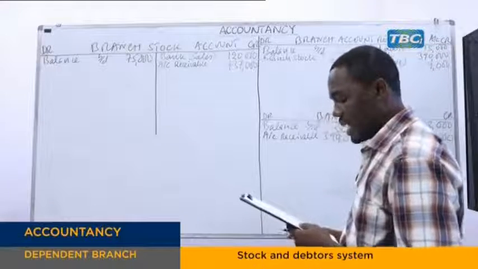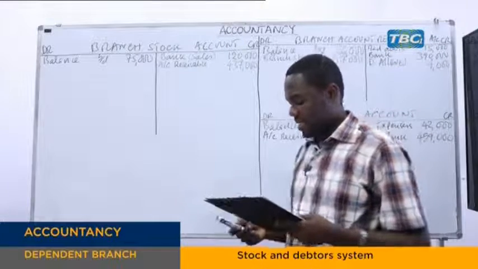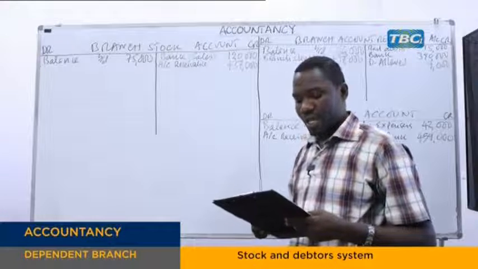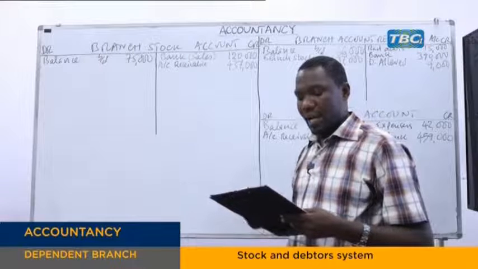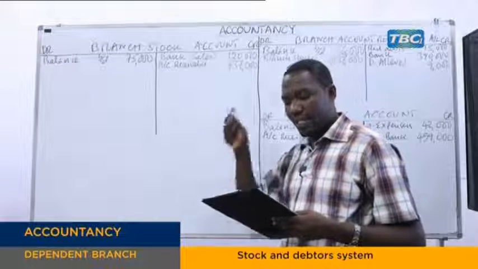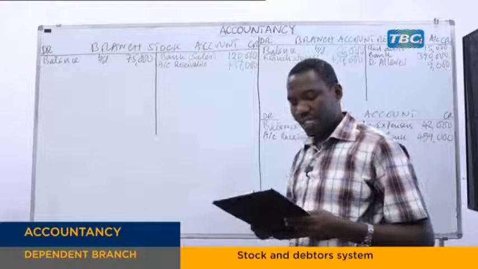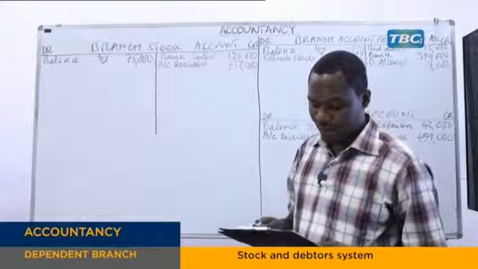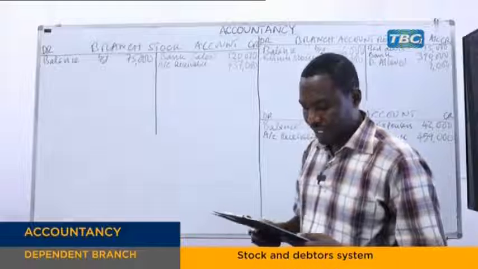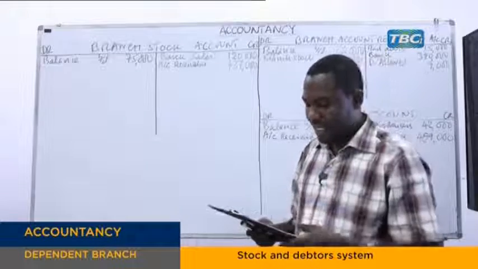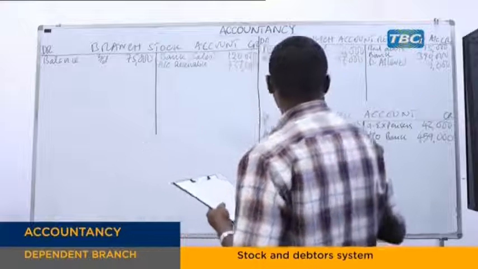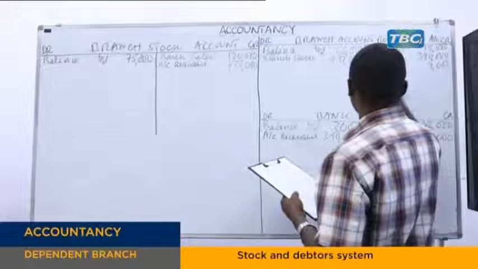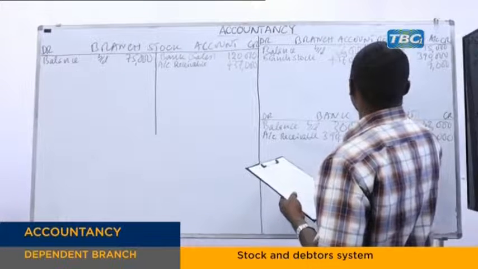Next, it was goods returned by credit customer. When a customer returns goods, normally we are not told that they return direct to the head office. And this is definitely a return from customer to the branch. If it is a return from customer to the branch, then we reduce the balance of customer, but not for goods sent to branch stock.